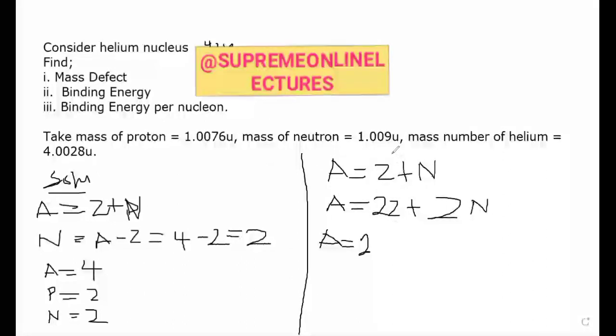The proton number that was given, the mass of the proton that was given, 1.0076 U.